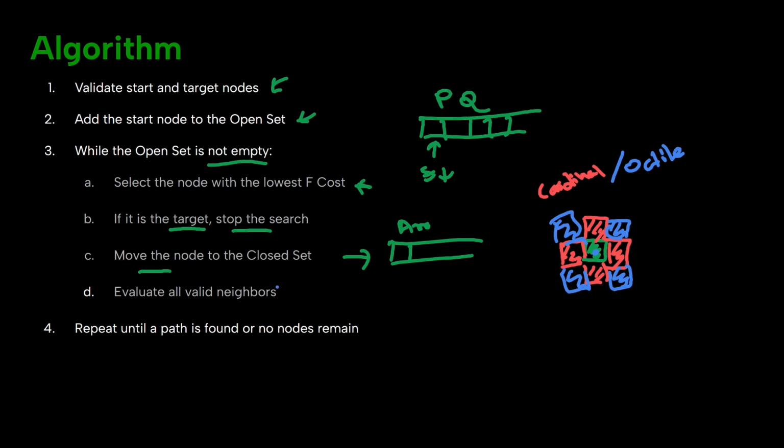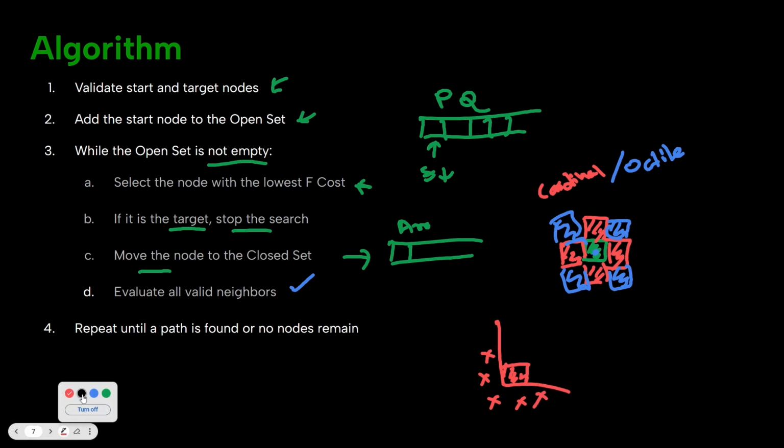And likewise, we have to validate all the valid neighbors, right? Because some neighbors may not be valid. Let's just say you are at some sort of border on the navigation grid, then of course the neighbors in these areas are not valid. Or else let's just say there is a non-walkable or blocked grid cell here, then of course that one is also not valid, right?